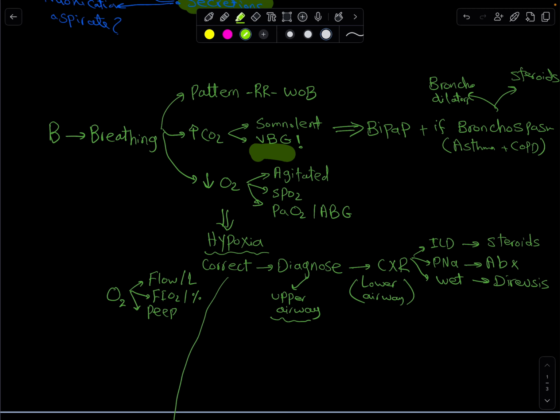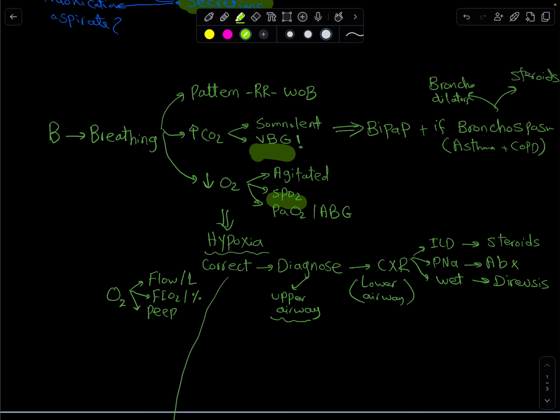This is number one. Number two, hypoxia. Hypoxic patients are usually agitated. They can be altered in different ways, but usually hypercarbia makes the patient sleepy, but hypoxia makes the patient more agitated, right?